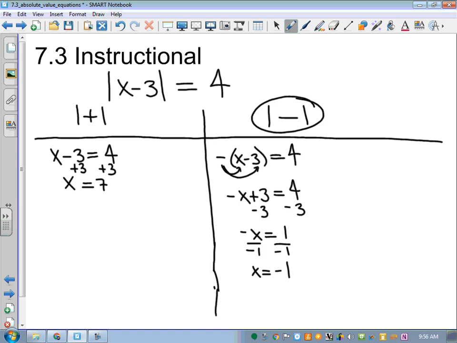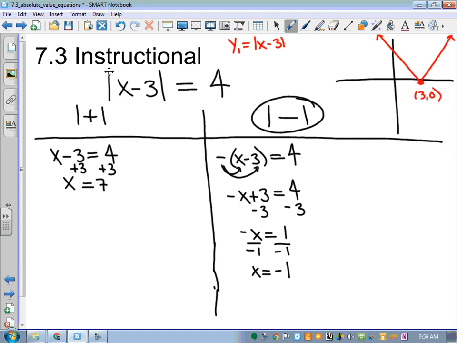Now, what's very important is you can check this a variety of different ways. One of the easiest ways by far is to graph the two functions. If I made the left-hand side y1 the absolute value of x minus 3, what that looks like is roughly like that. It's changing direction right here at (3, 0), which is where the pieces would split.